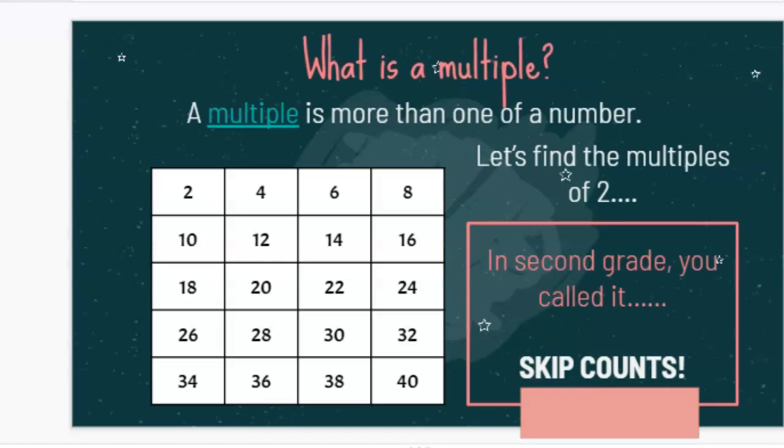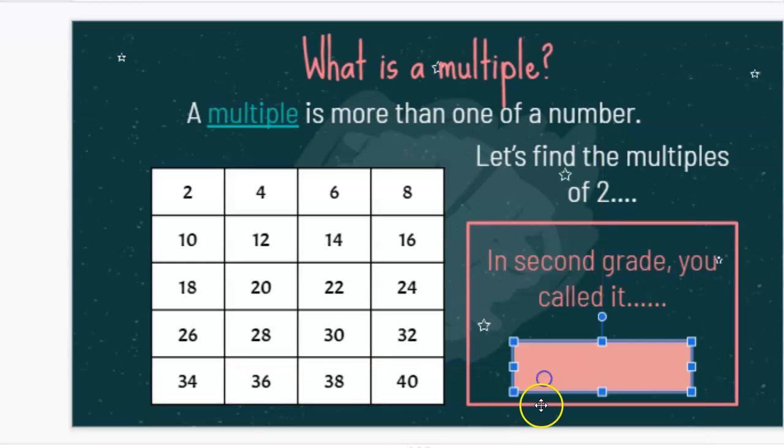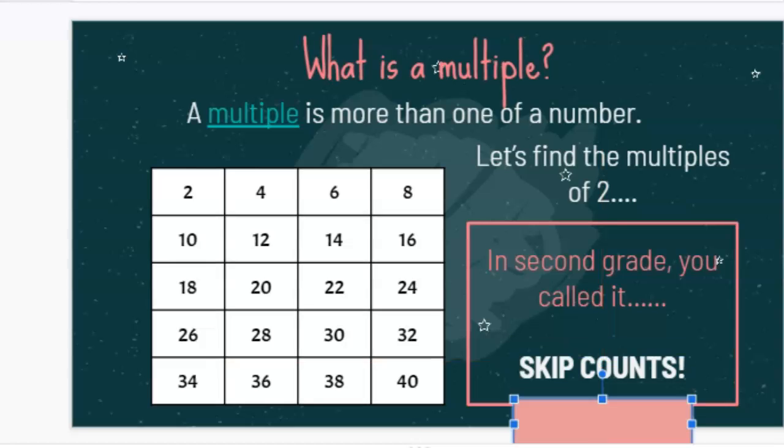Okay, that was counting by twos. So in second grade, what did you call that? You called it skip counting or skip counts.